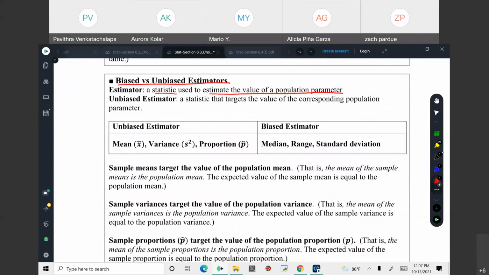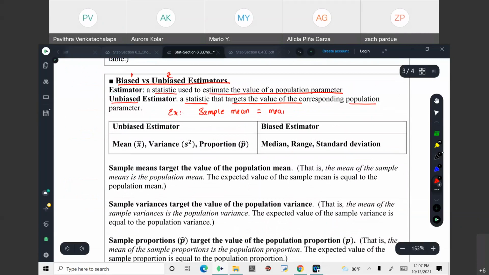Now, we have two types of estimators, biased and unbiased. Unbiased means the statistic targets the value of the population. In simple words, if the sample mean is equal to the mean of the population, then that estimator is called an unbiased estimator.